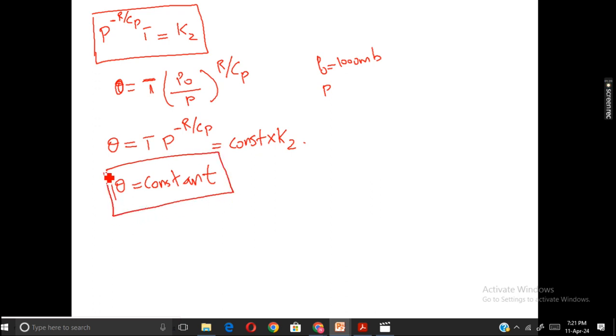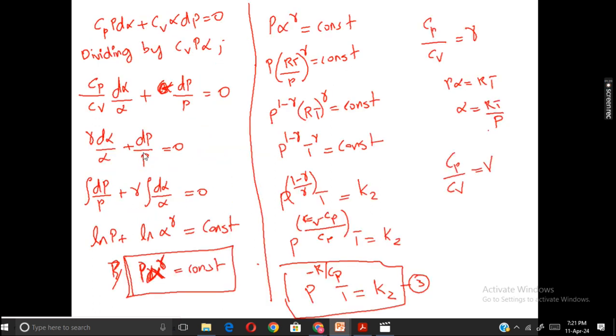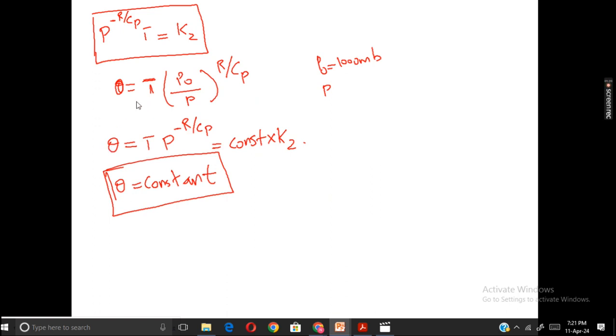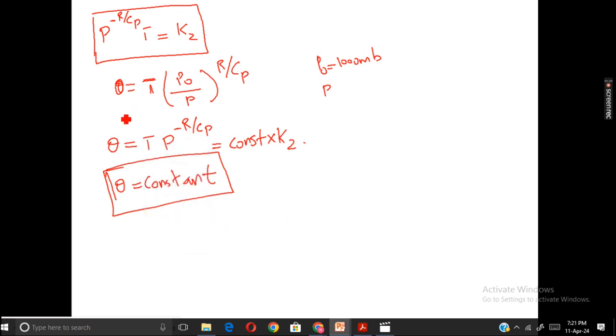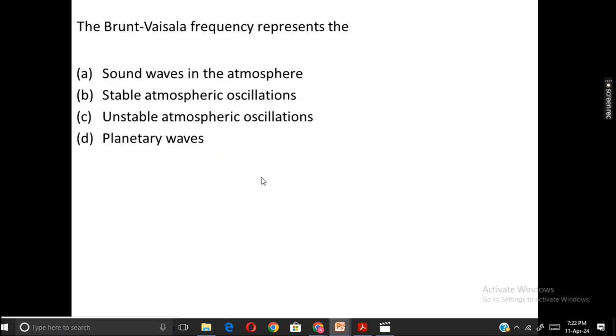So the potential temperature remains constant during an adiabatic process. We just proved that. Here we wrote the equation for potential temperature; P0 is a constant, so theta is equal to T P raised to minus R by Cp, which is also a constant. So theta will be constant, and during an adiabatic process the potential temperature remains constant.